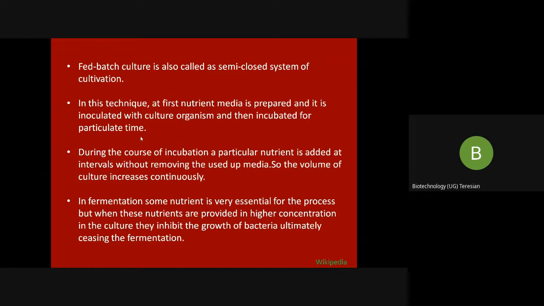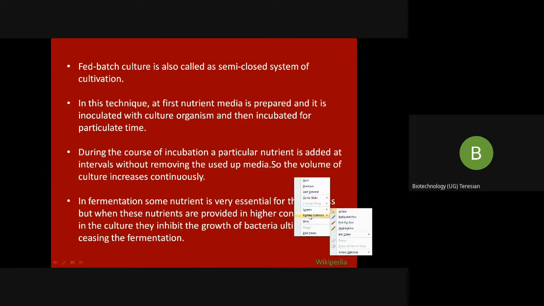So you add your nutrients at a particular interval, but do not remove the media. So the volume of the culture increases continuously.